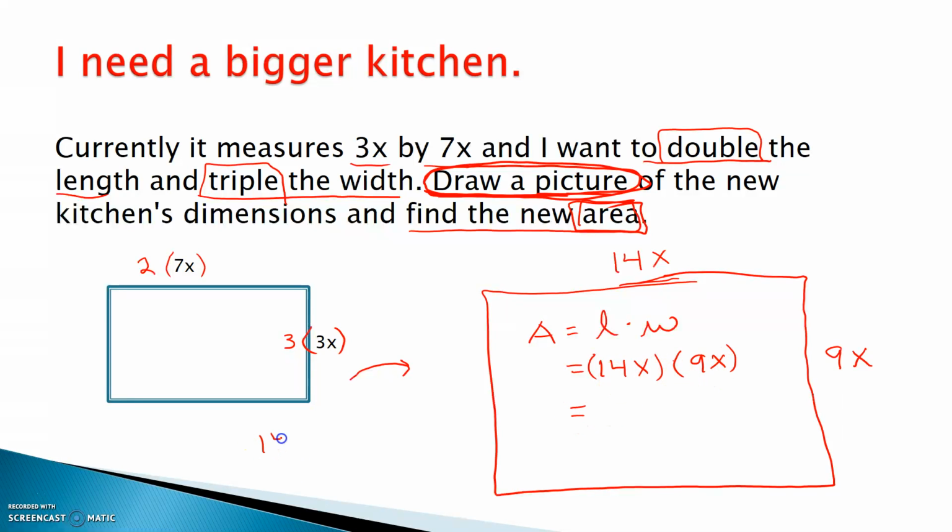Again, I don't know that off the top of my head. 14 times 9: 9 times 4 is 36, carry the 3. 9 times 1 is 9, add 3: 10, 11, 12. So 126. Don't forget, when you multiply x times x, we get x to the second power. So there we have it, guys. We doubled the length, tripled the width, found those dimensions, and found the area, 126x squared.